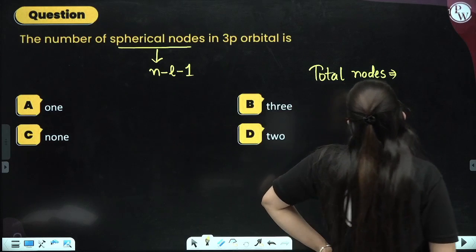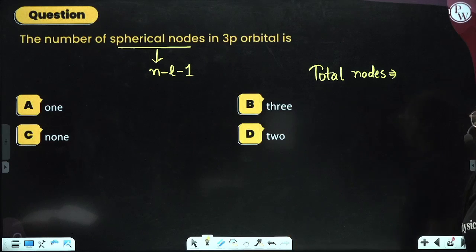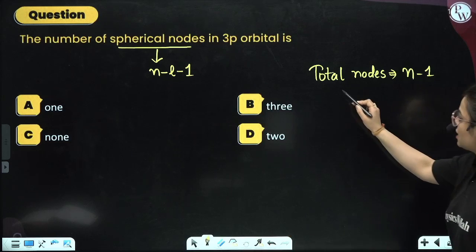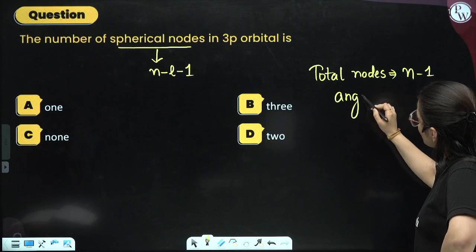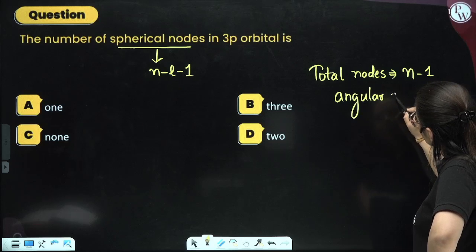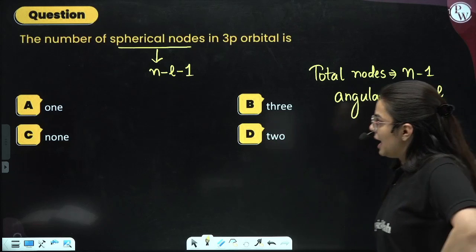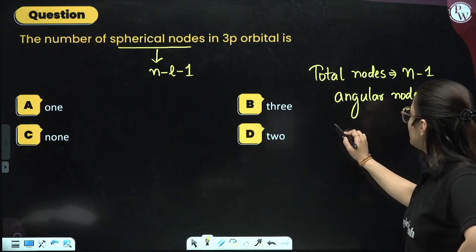Okay, what is the formula for total nodes? Total nodes is n minus 1. What is the formula for angular nodes? Angular nodes is L. And what is the formula for spherical nodes?